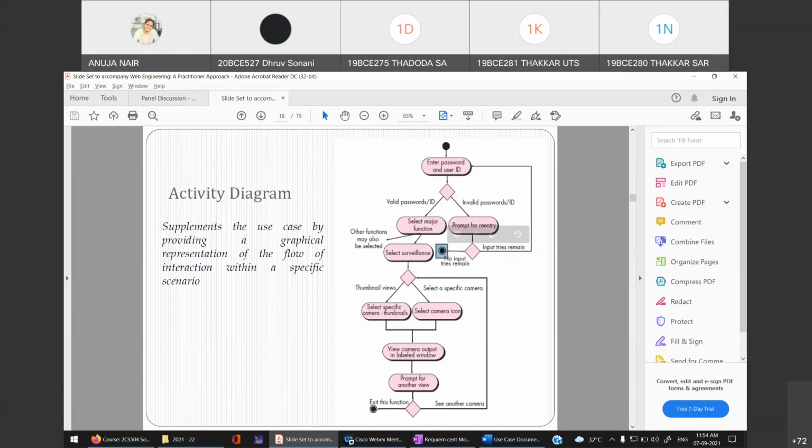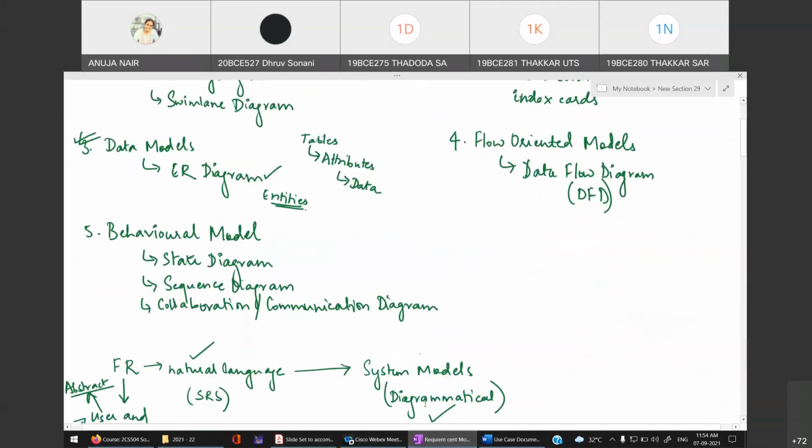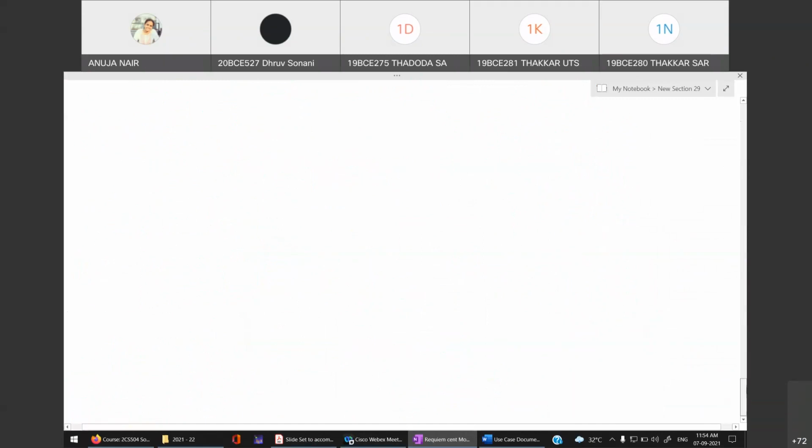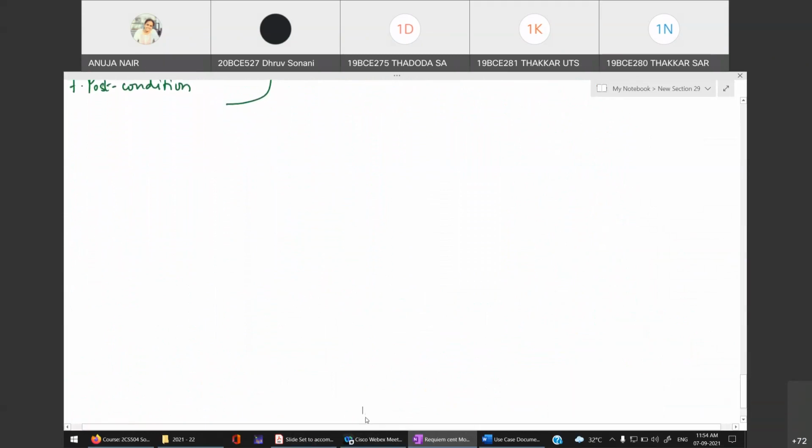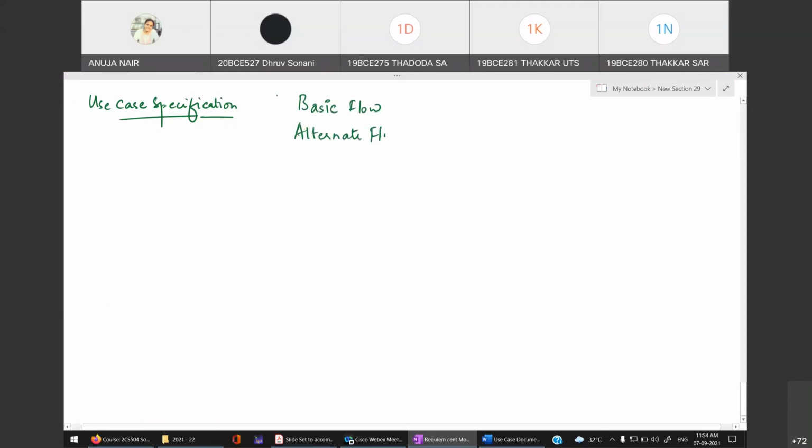For every use case specification that you have created, of course you will have a basic flow and also alternate flows, right? So you have a basic flow and alternate flows for every use case specification that you have made.